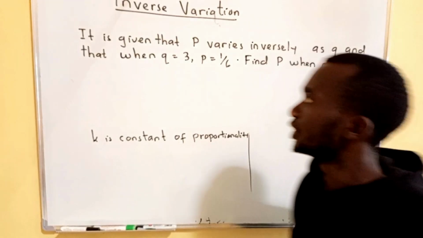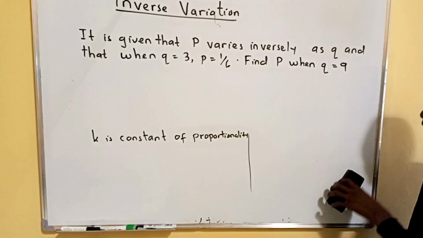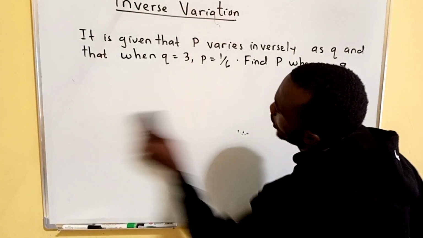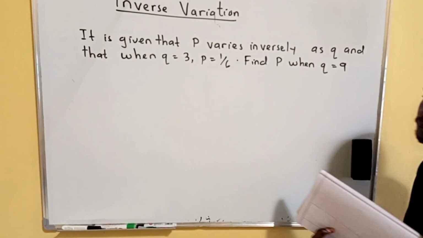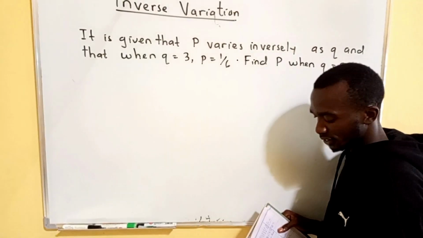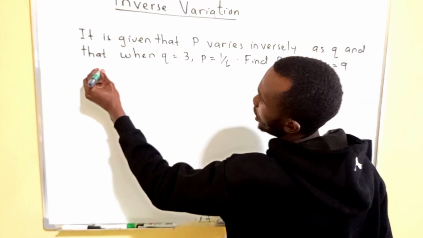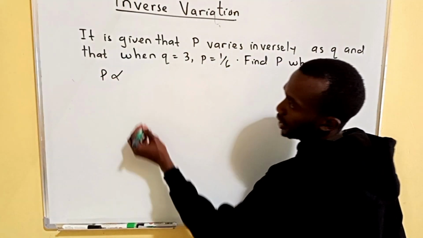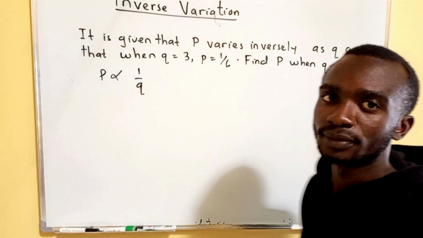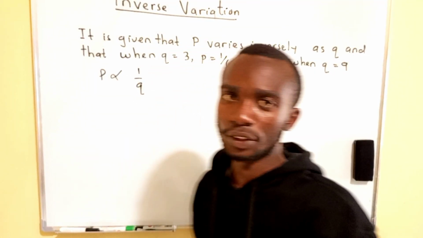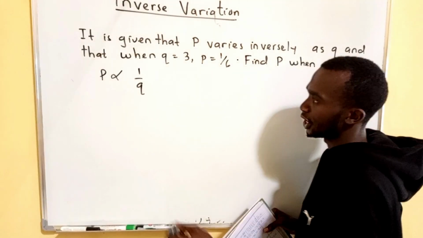The question reads, again, it is given that p varies inversely as q. Now p, the inverse variation, p varies inversely, that is 1 over q. Now to introduce an equal sign, we introduce a constant of proportionality k.